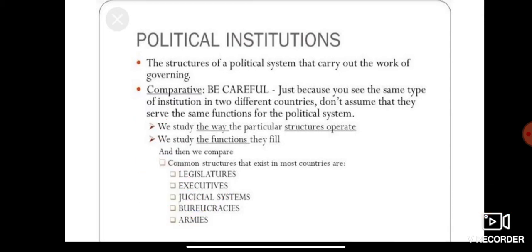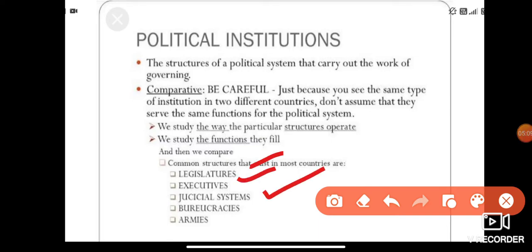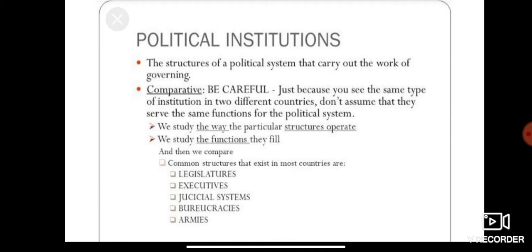In India, the organs of the government are the legislative, executive, and judiciary. Please remember that. Similarly, in other countries the structure may be different from that of India. So that is all about political institution.